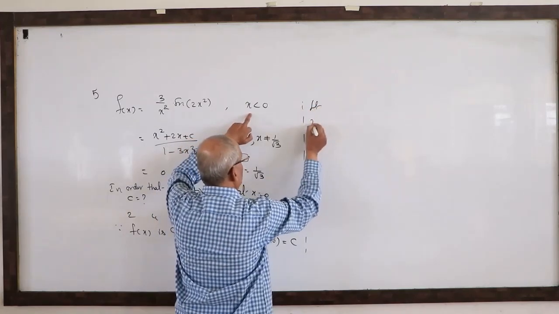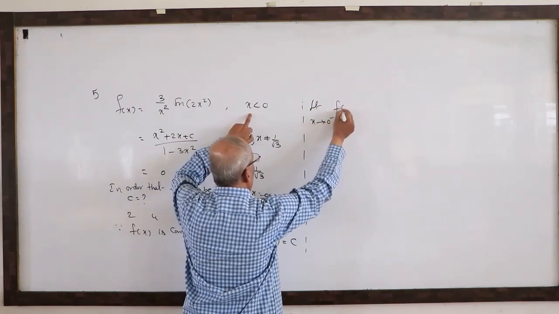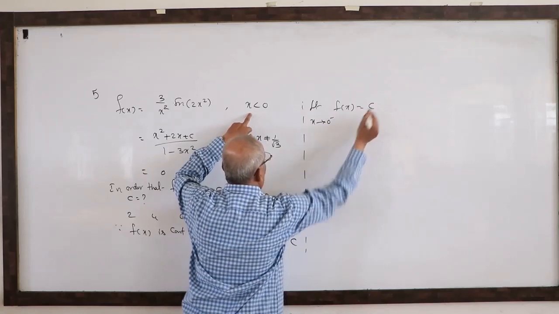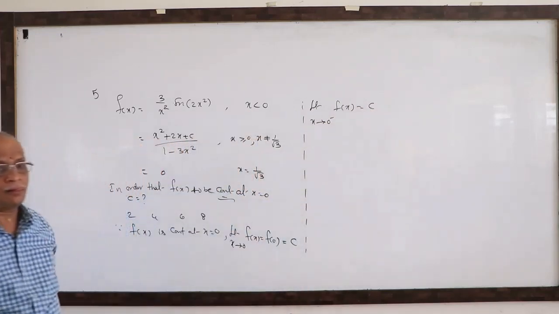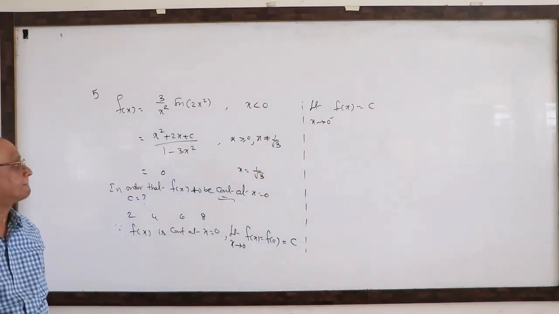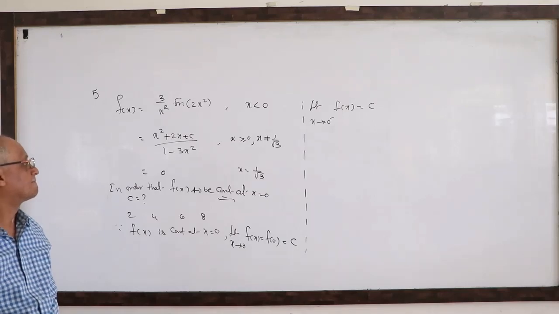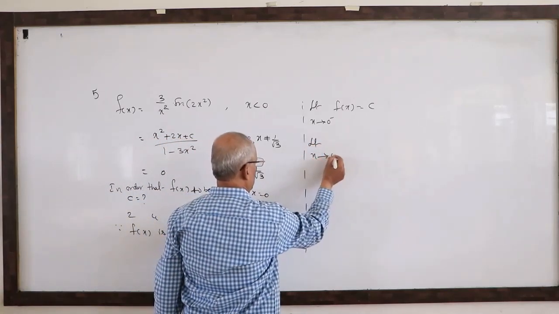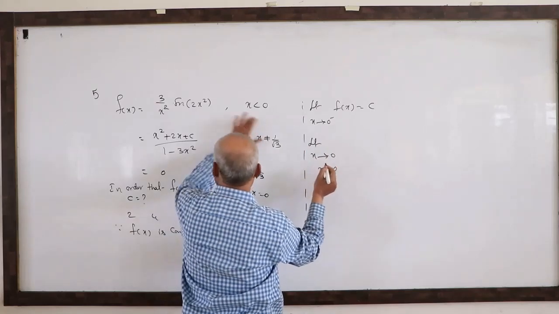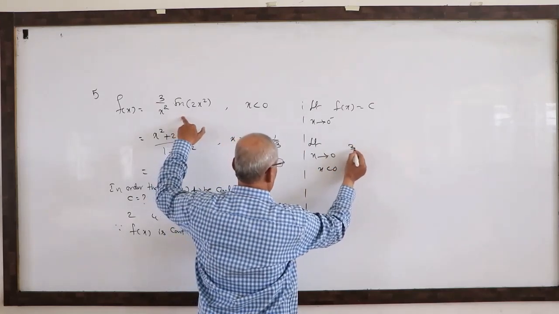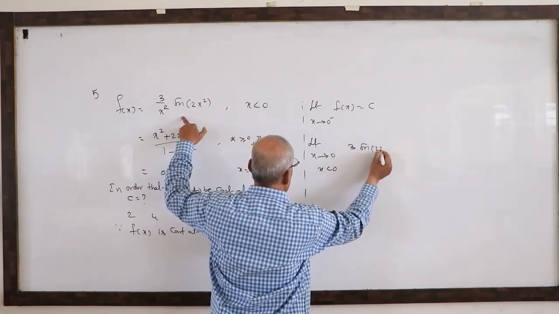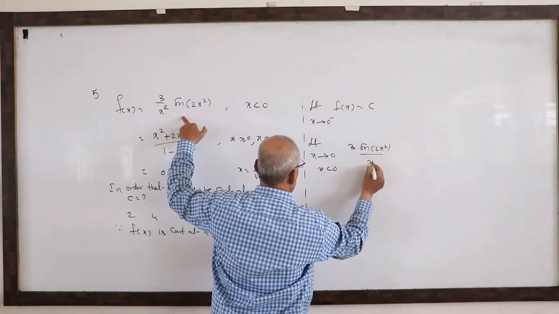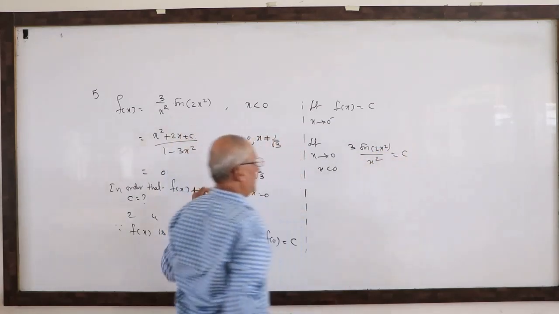Limit x tends to 0 minus f of x is equal to c. Limit x tends to 0 but x less than 0, therefore we have to consider sine of 2x square by x square is c.